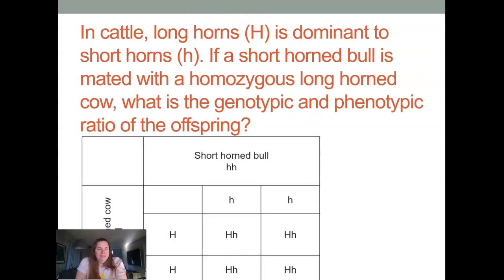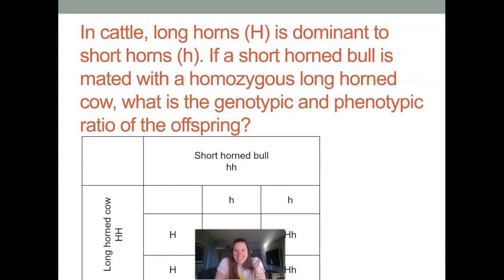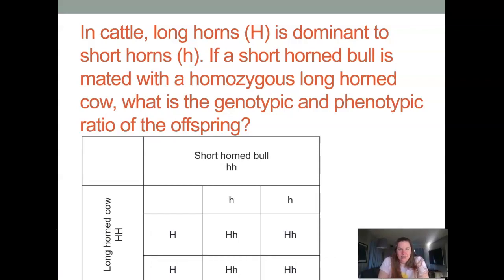So let's first look at the genotype here. I did the Punnett square. The shorthorned bull is homozygous recessive, so he can only have 2 lowercase h's as alleles. So we put 1 here and 1 here.